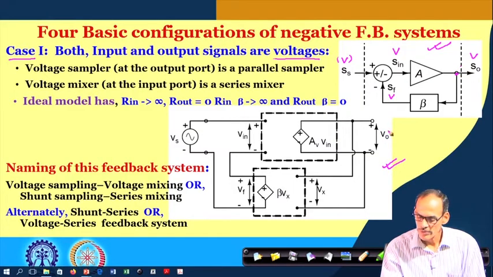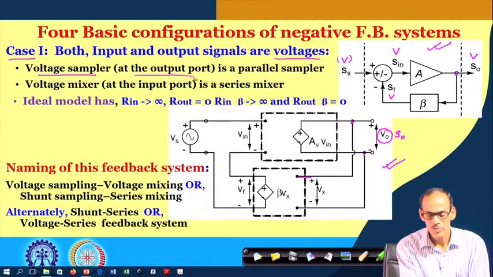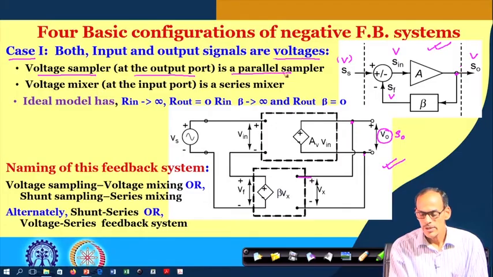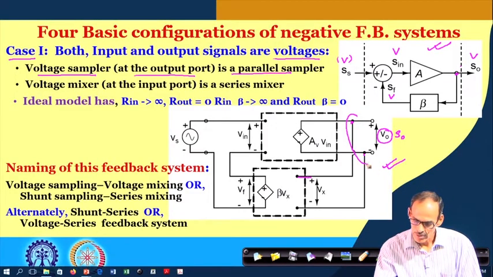So, this is the output signal, in fact that is S O. To sense this voltage, the input port of the feedback network should be parallelly connected. So, that is why we said that the voltage sampler at the output port has a parallel port.